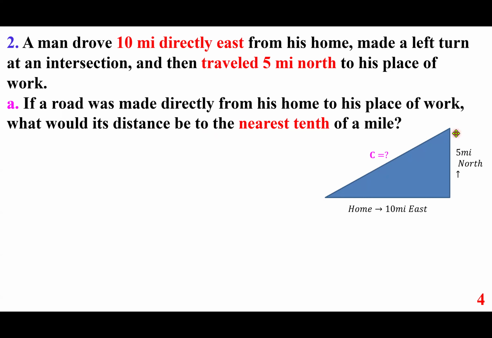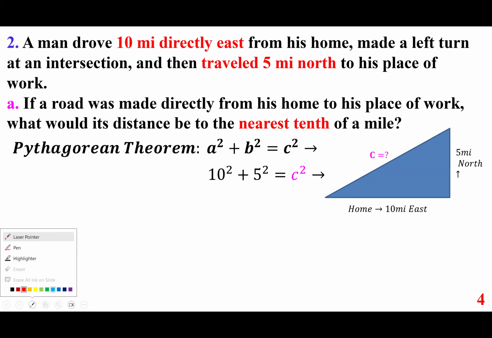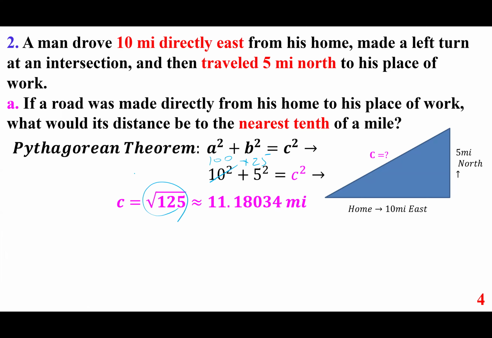Pythagorean theorem, a squared plus b squared equals c squared. 10 squared plus 5 squared equals c squared. This is 100. This is 25. They add up to 125. So c is square root of 125. Again, this is exact.